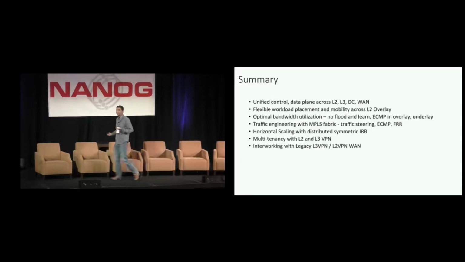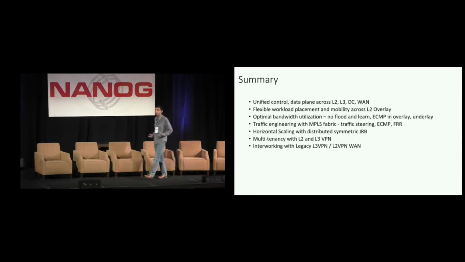Depending on what kind of underlay fabric you deploy, whether it's a standard IP or MPLS fabric or potentially a segment routed fabric, you have additional capabilities in your underlay, such as traffic steering, ECMP we already talked about, as well as fast reroute features. With distributed symmetric IRB, we're able to scale the data center horizontally as your data center needs increase.